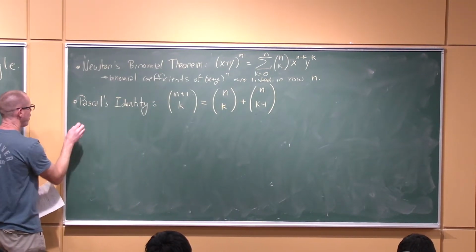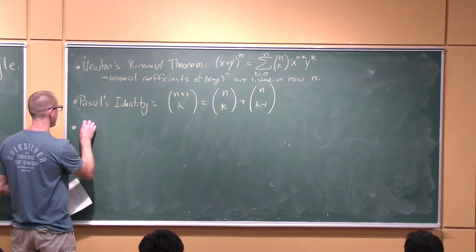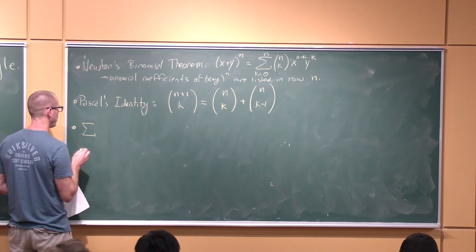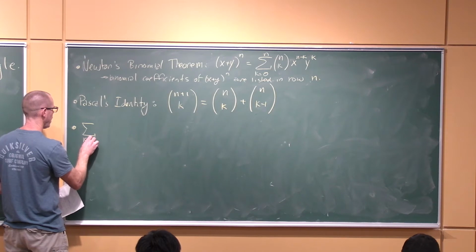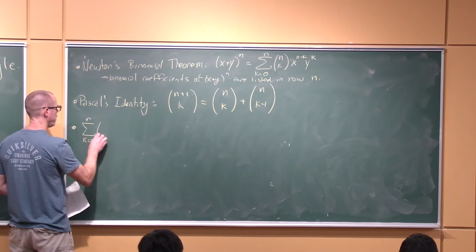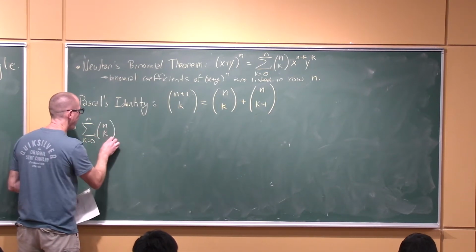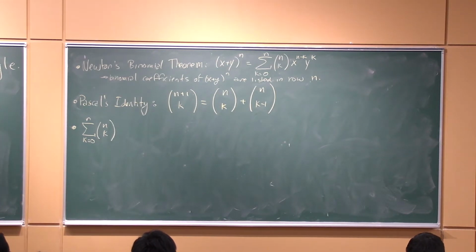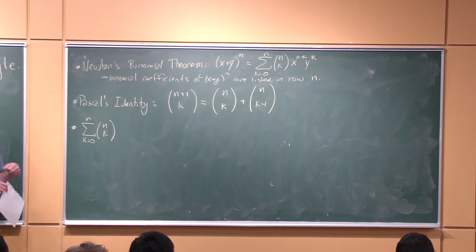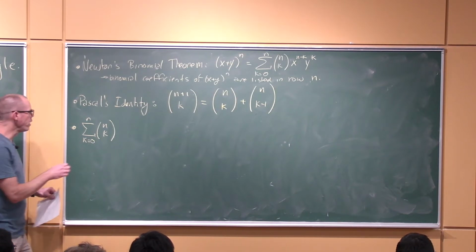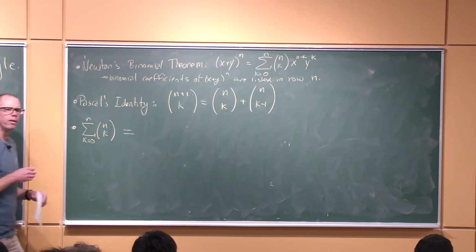We saw another theorem, we actually proved it two different ways. The sum for k equals 0 to n of n choose k. So if I count all the subsets of size 0 and all the subsets of size 1 and all the subsets of size 2, size 3, and so on, what do I get?